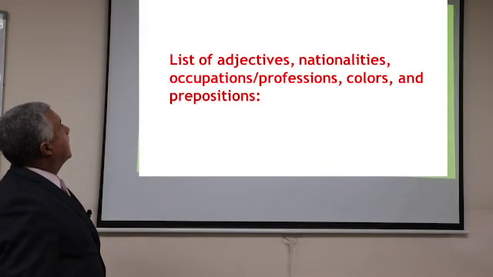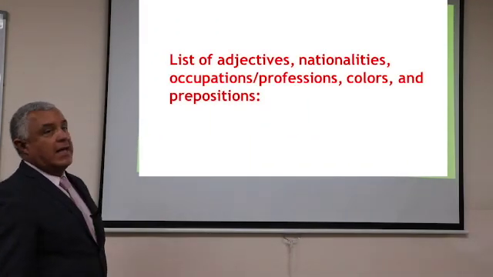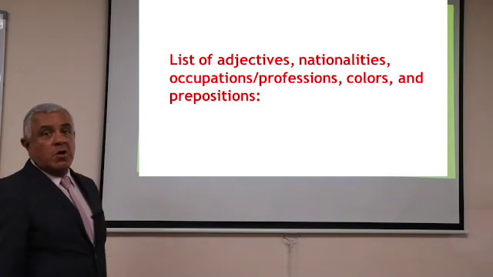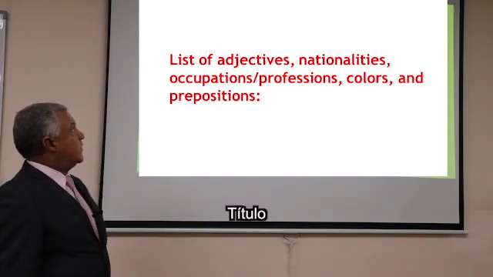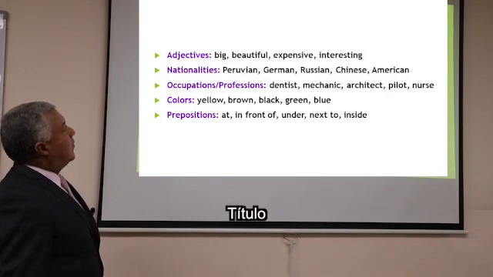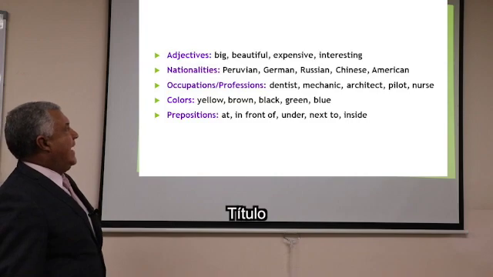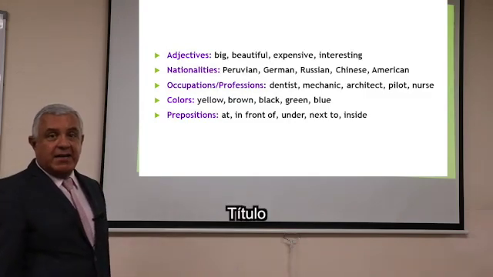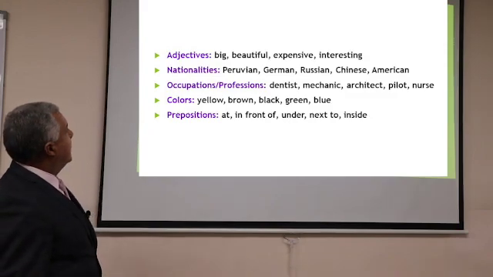Let's finish. List of adjectives, nationalities, occupations or professions, colors, and prepositions. Adjectives. For example: big, beautiful, expensive, interesting. Nationalities: Peruvian, German, Russian, Chinese, and American.